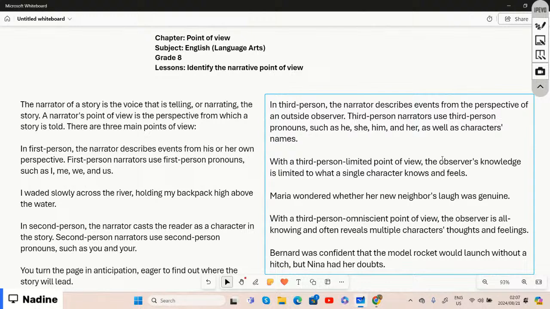And the lesson that we are going to be focusing on is to identify the narrative point of view.